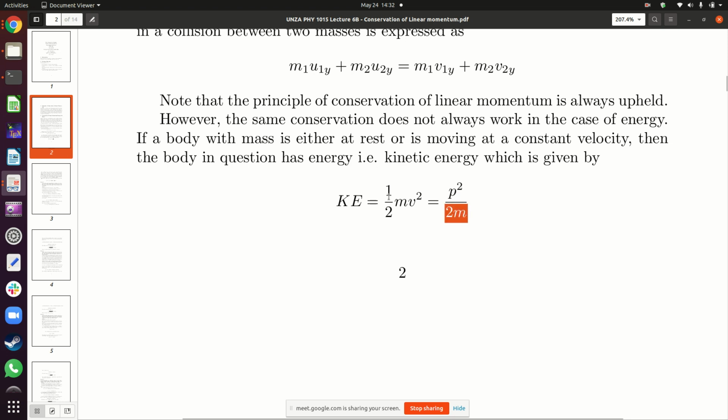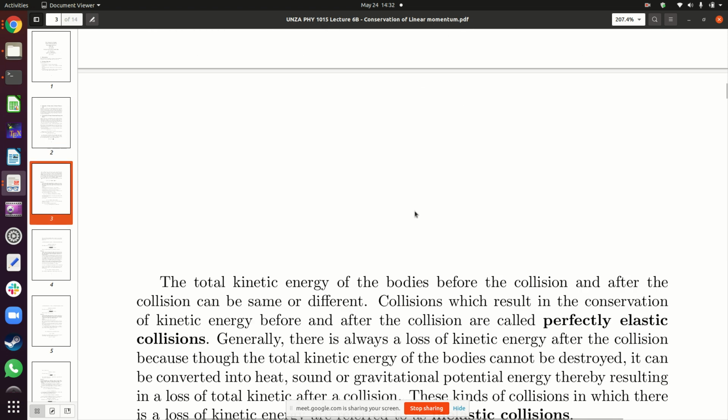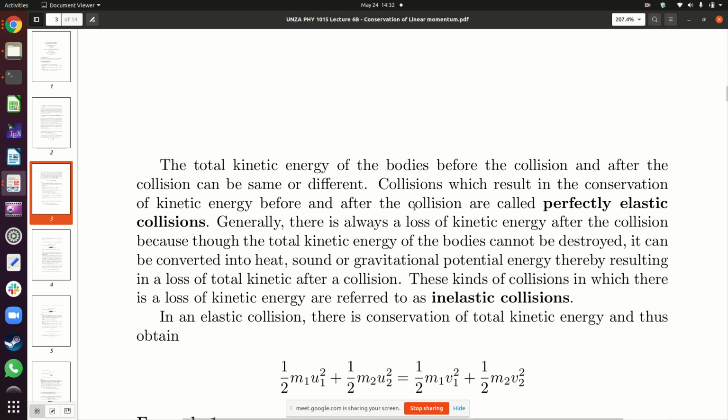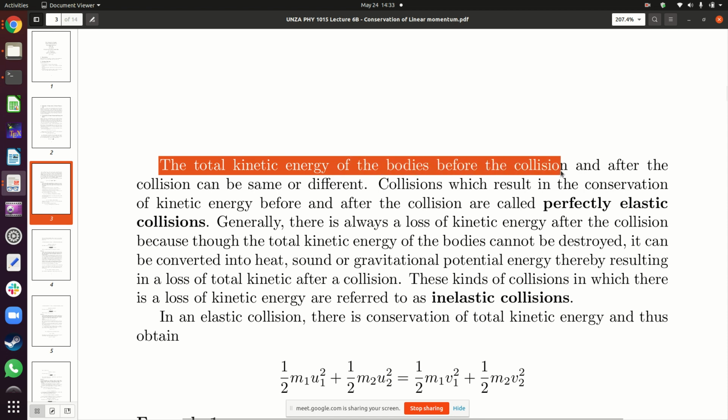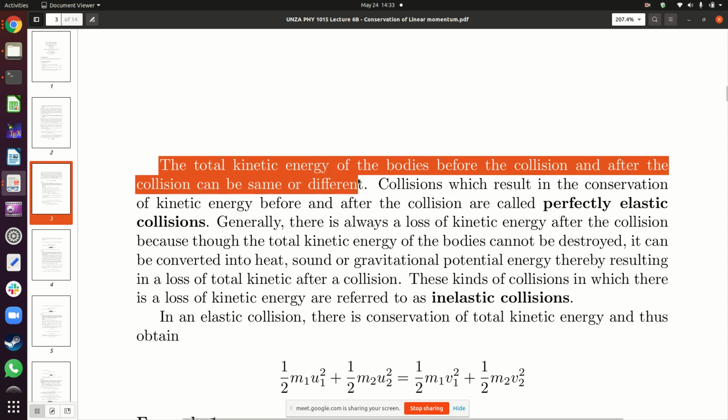So if you know the momentum, you can work out the kinetic energy. The total kinetic energy of bodies before and after the collision can be the same or it can be different.